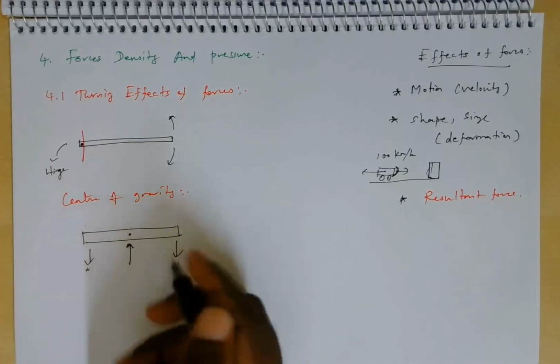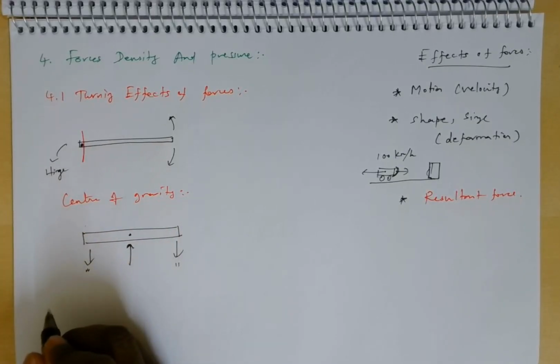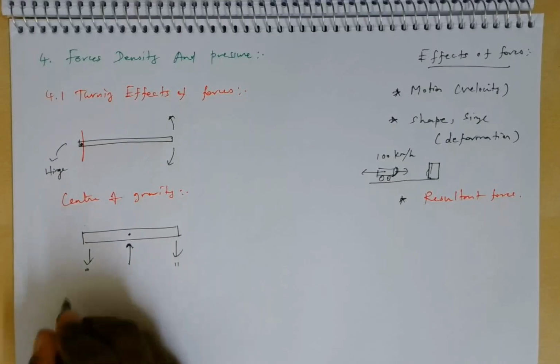Yeah. So now, what is the definition for center of gravity? The weight of an object may be taken as acting at a single point. Okay, a single point.